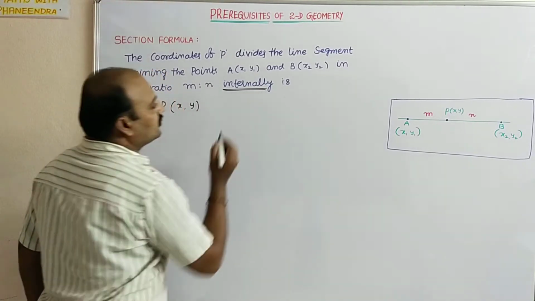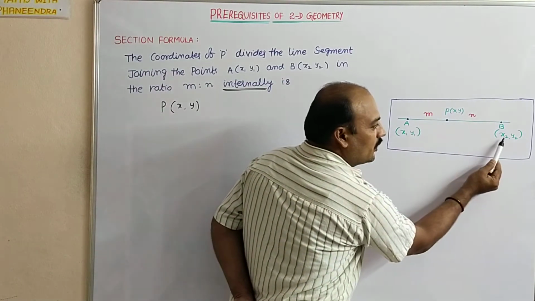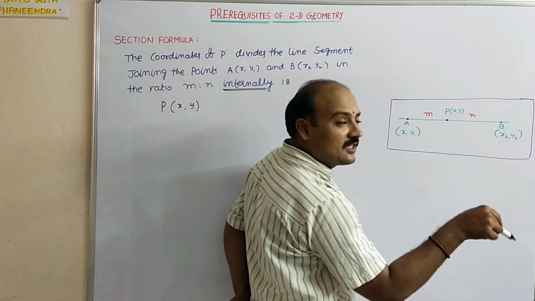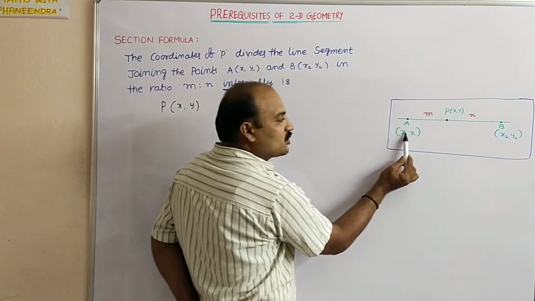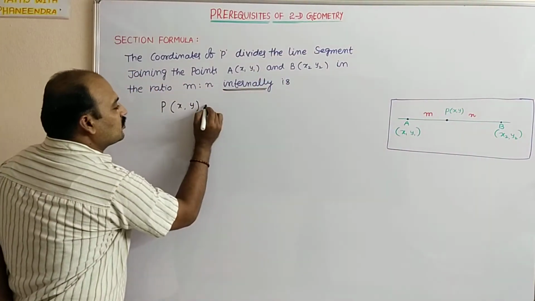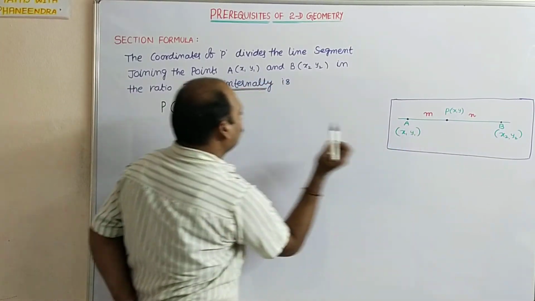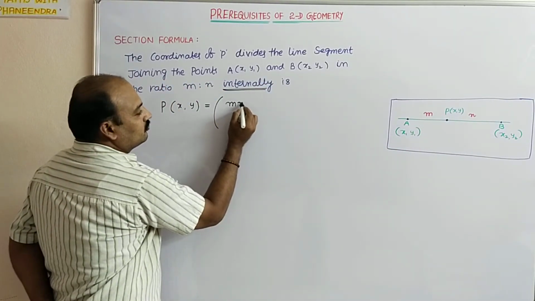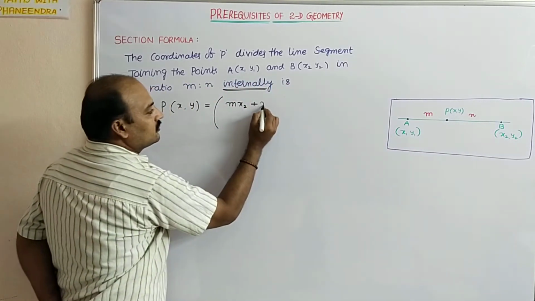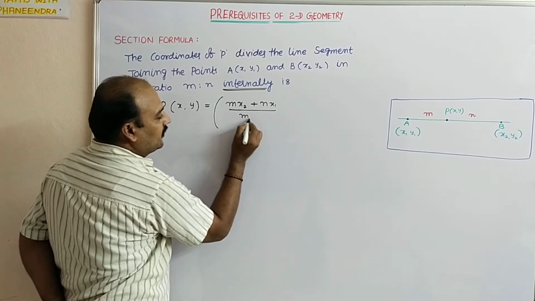Internally, I am writing m into the x coordinate here, mx2 plus, internally means plus, n into x1, divided by m plus n. So x is equal to mx2 plus nx1 divided by m plus n.